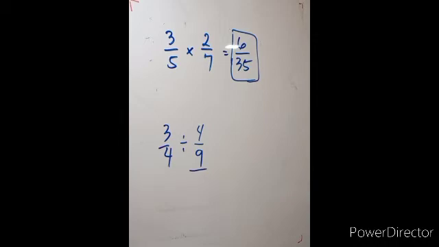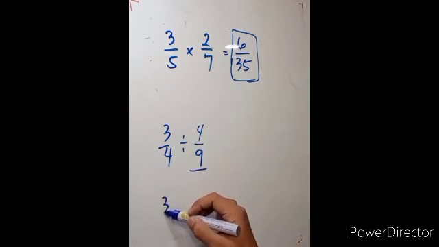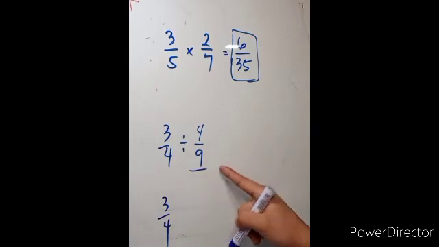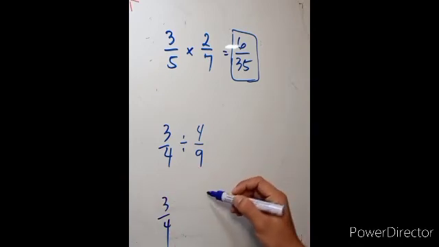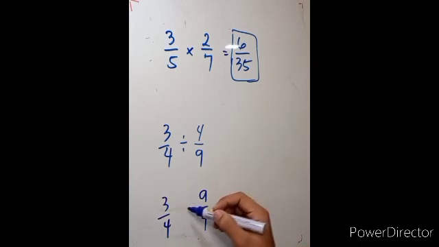But we have to solve it. How are we going to solve it? Is to find the reciprocal of the divisor. So 3 over 4. Then gagawin natin si 4 over 9 magiging 9 over 4. And then dahil nagbaligtad tayo, gagawin po natin siyang multiplication.